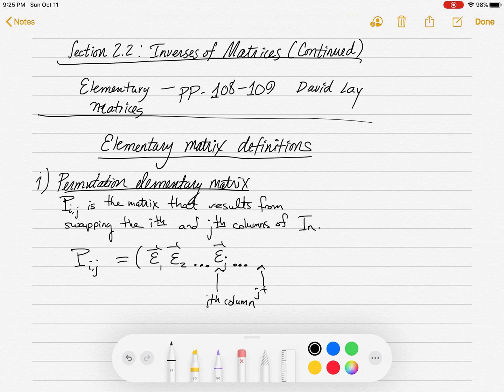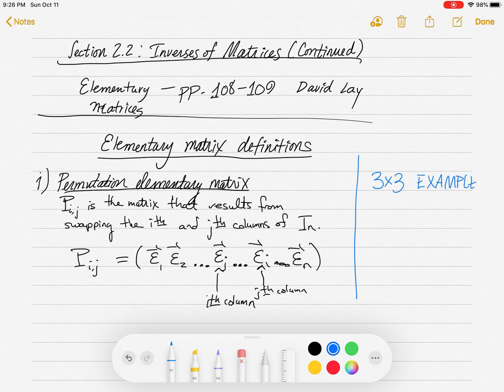Remember, we're swapping the ith column and the jth column, so epsilon j is going to go in the ith column. Everything else is normal, like the identity. Then you get to the jth column, and you get something weird going on. You get epsilon i, since we swapped out epsilon i and epsilon j. And then everything's back to normal through epsilon n.